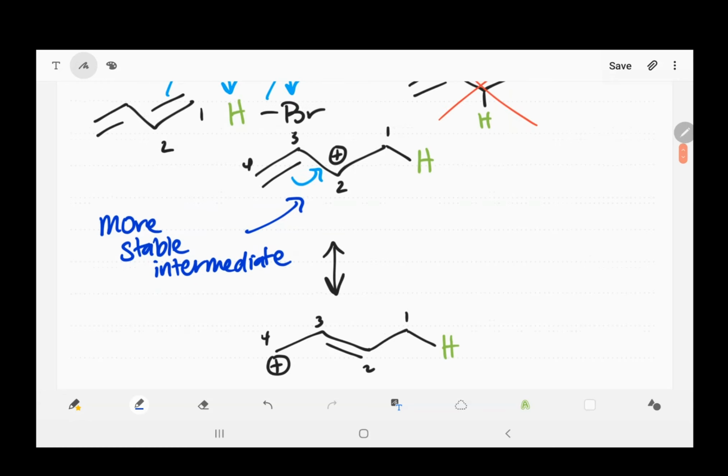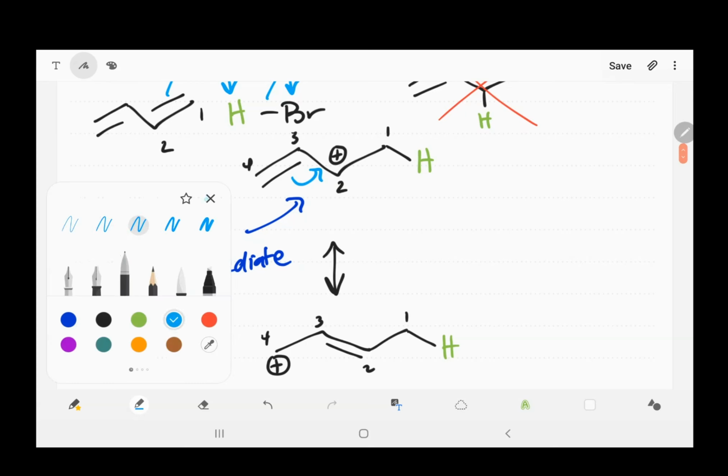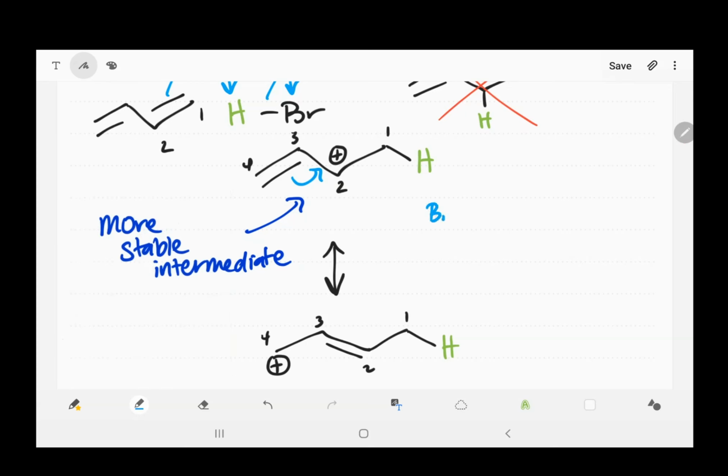Alright, so if we go ahead and complete the mechanism here, if we're going to be adding on the bromine, it's just going to stick itself onto the carbocation, because it's negatively charged. I'm going to delete that for now.